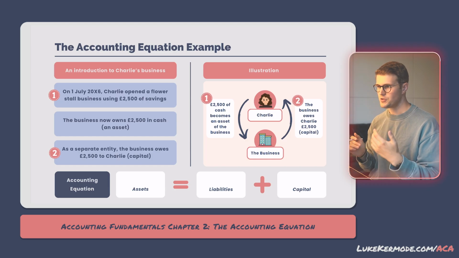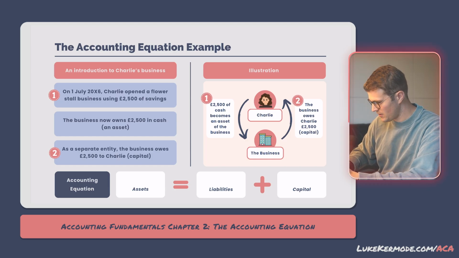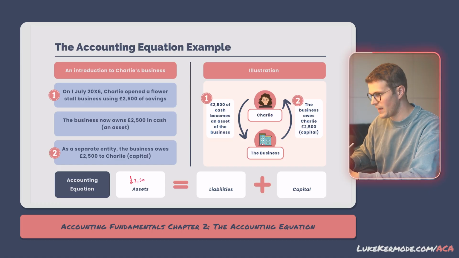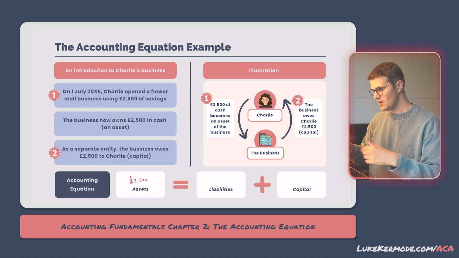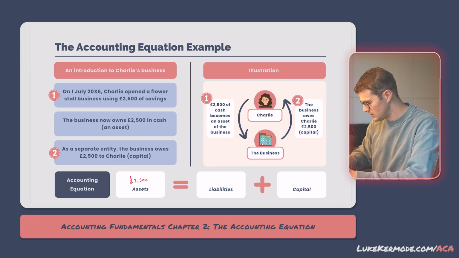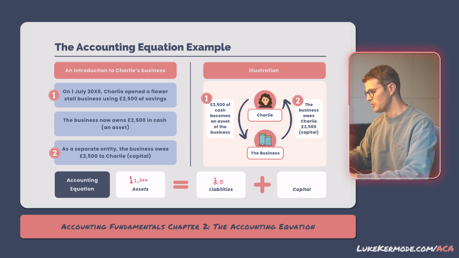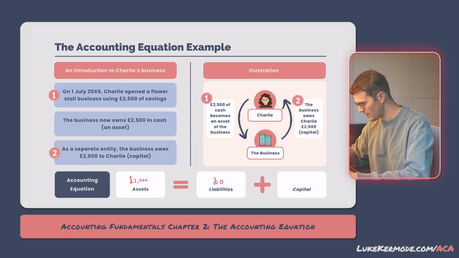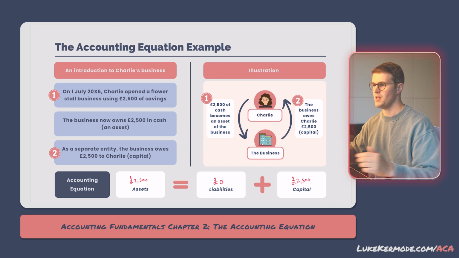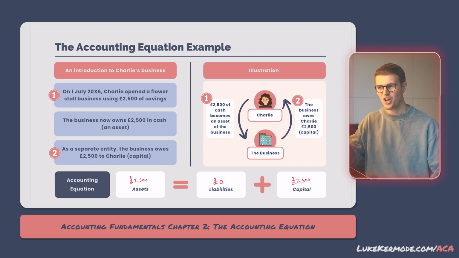And for Charlie's flower stall, it's going to look like this. We have £2,500 worth of assets, which is the cash. We have no liabilities because Charlie hasn't taken on any debt. And we have £2,500 worth of capital, which is the amount owed by the business to Charlie.